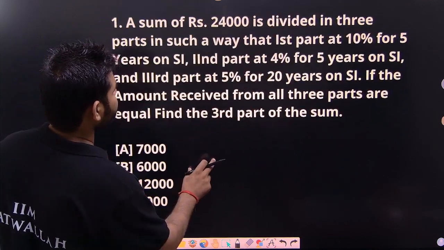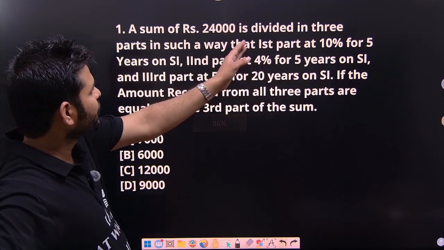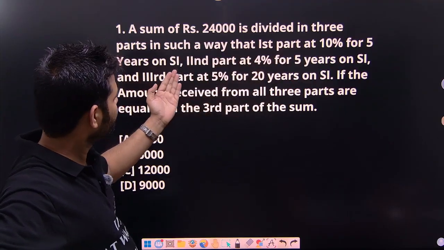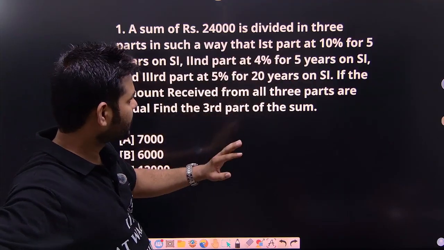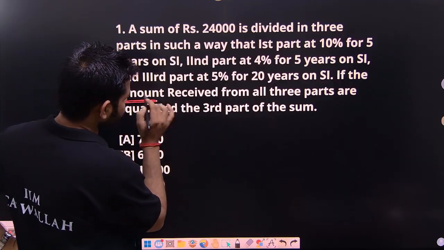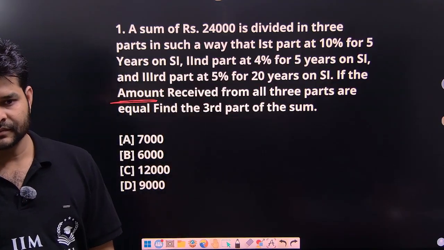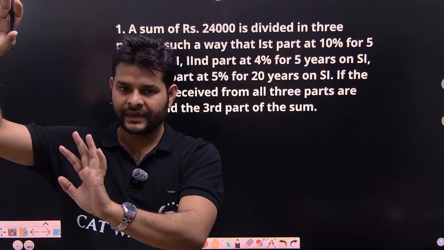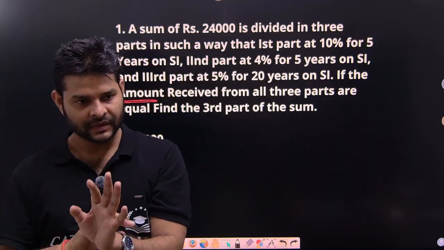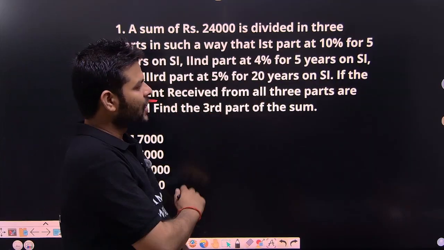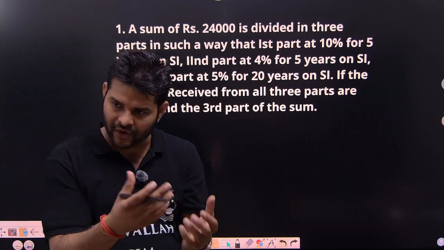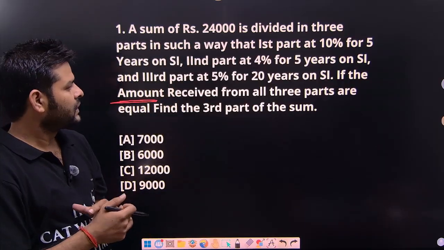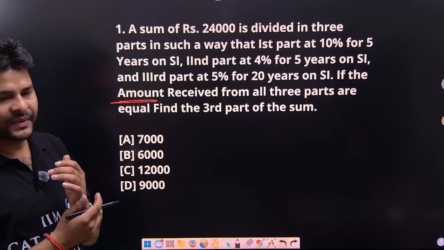In type 11, a sum of rupees 24,000 is divided into 3 parts in such a way that the first part is at 10% for 5 years, the second part for this, the third part for this. In type 10 we had principal, in type 11 the amount received from all 3 parts is equal. Find the third part of the sum.